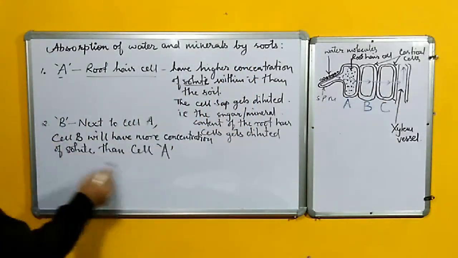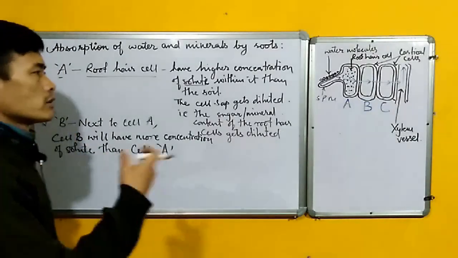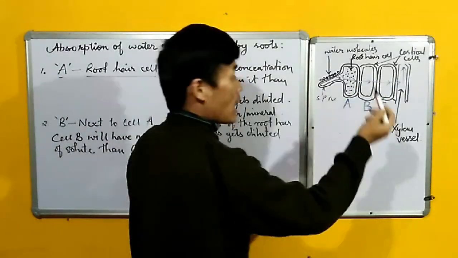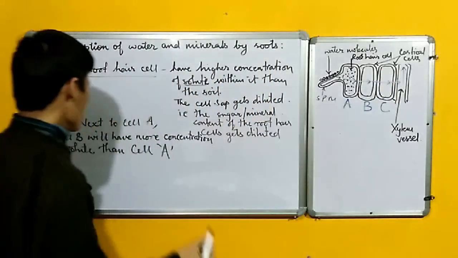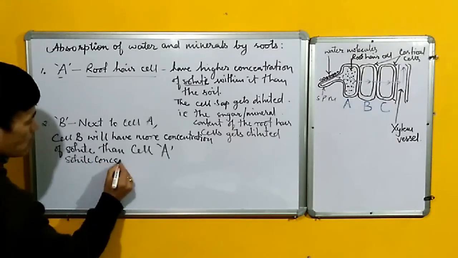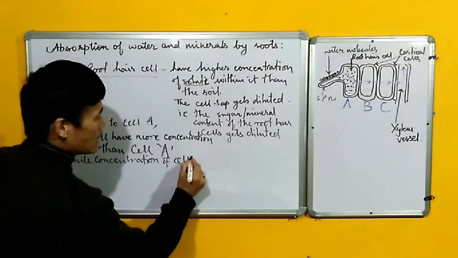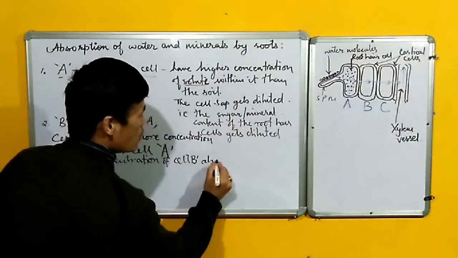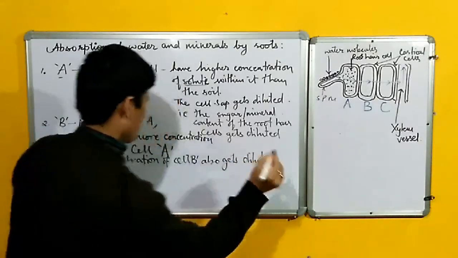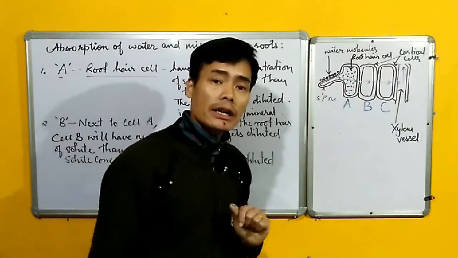So what will happen? Now water will move from cell A to cell B. Now slowly water begins to enter into cell B, and the solute concentration of cell B also gets diluted.